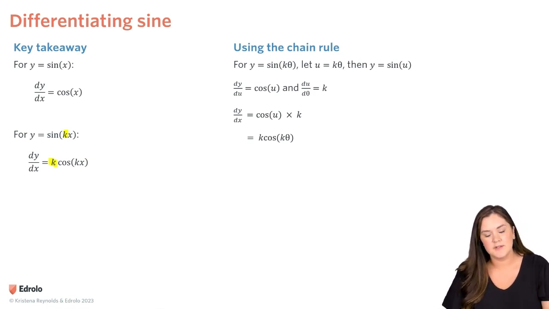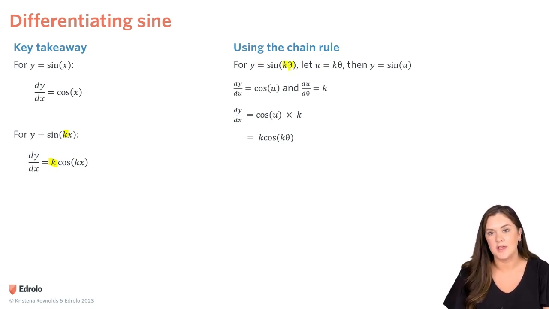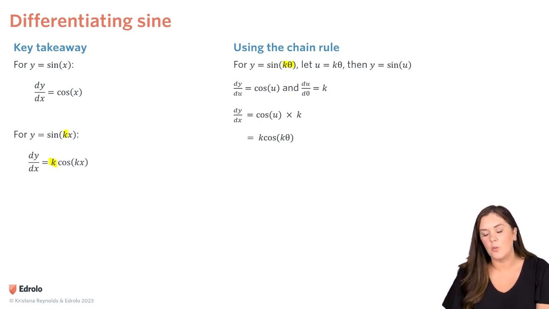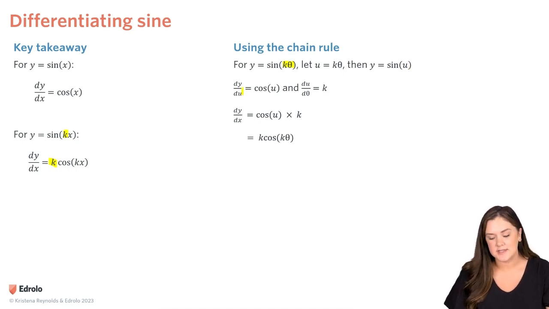The reason why is just using the chain rule over here on the right-hand side. So if we have y equals sine of k theta, what we are going to do is let u equal what's in the middle there, so k theta, and then rewrite y in terms of u, so we get y equals sine of u. Now differentiating each of those separately, we get dy du equals cos u, and then du d theta equals just k, so just the part in front of the theta there.